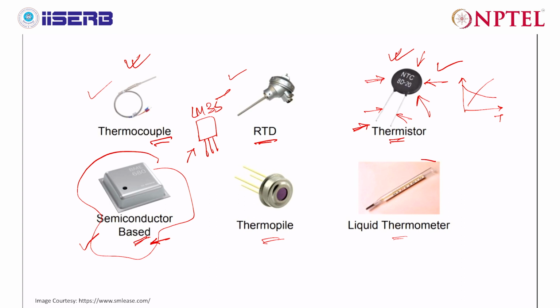And here you can see a temperature sensor which is actually not electronic. It's based on the expansion of a liquid present over here, which is mercury. If you increase the temperature of this region, the mercury present in this chamber will start rising because it expands when you increase the temperature, and based on its expansion you'll be able to find what is the temperature, because in the scale here the temperature is written.